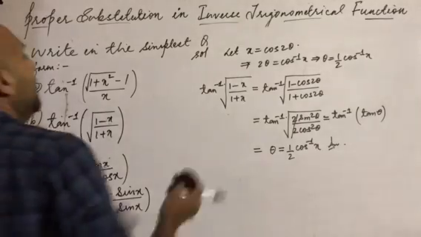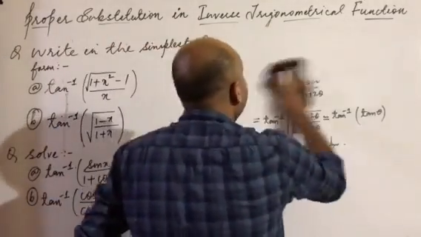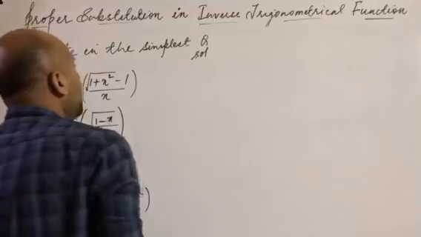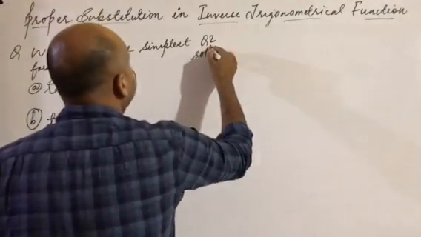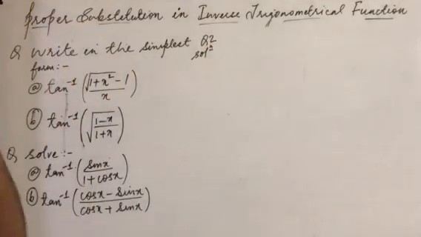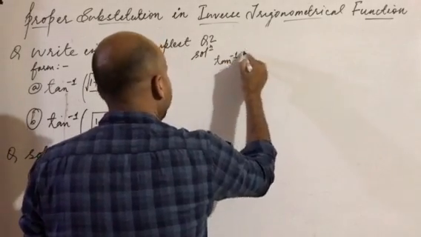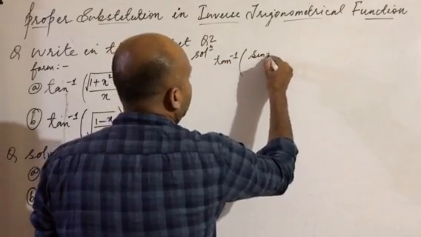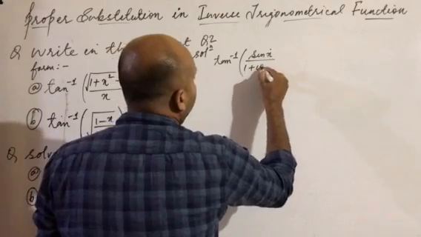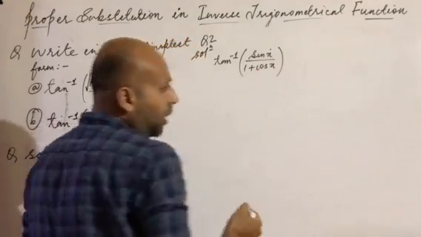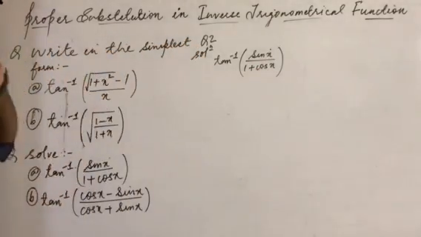Now, the next part. In question number 2, we have to solve tan inverse of sin x divided by 1 plus cos x. So the proper formula substitution is very important here.